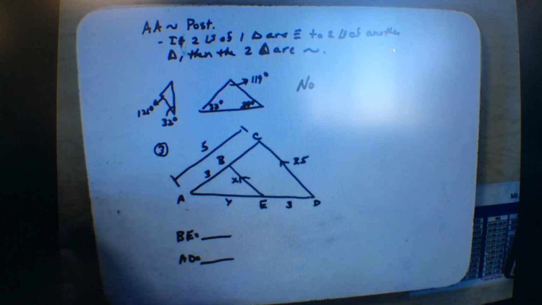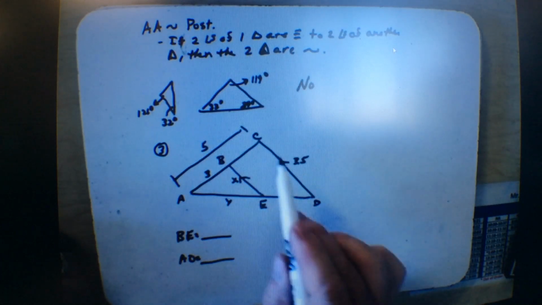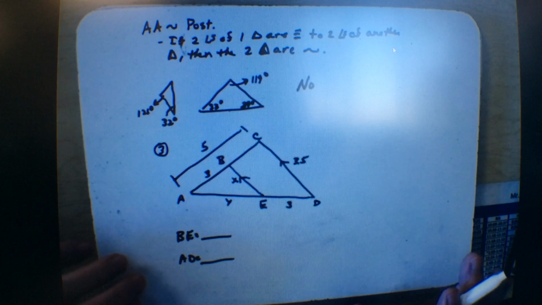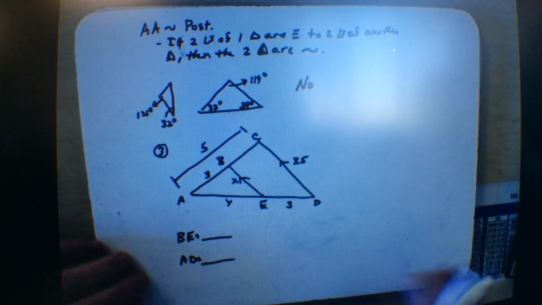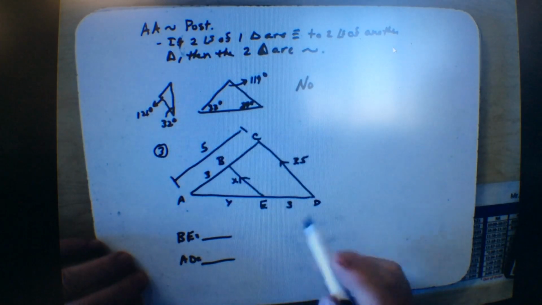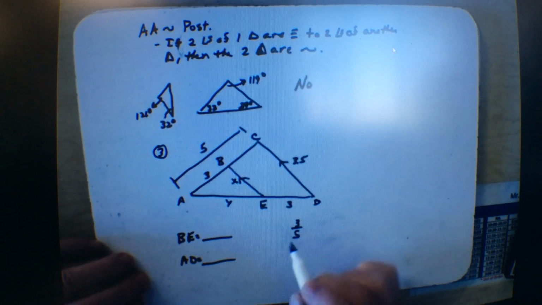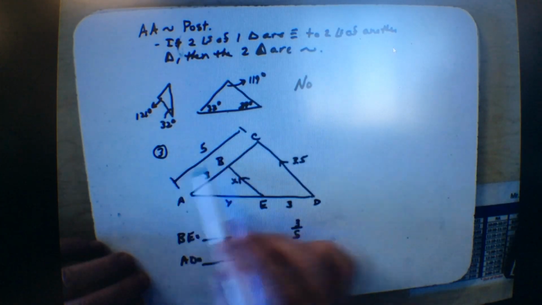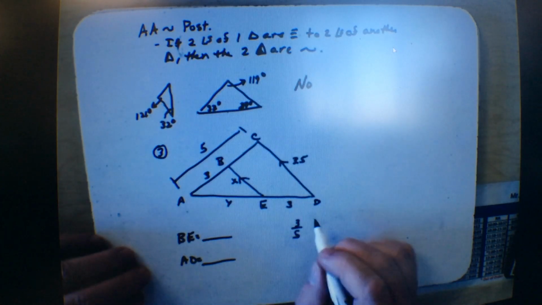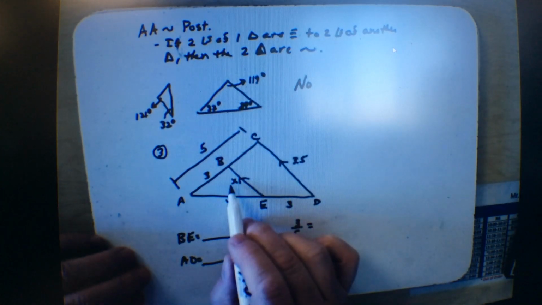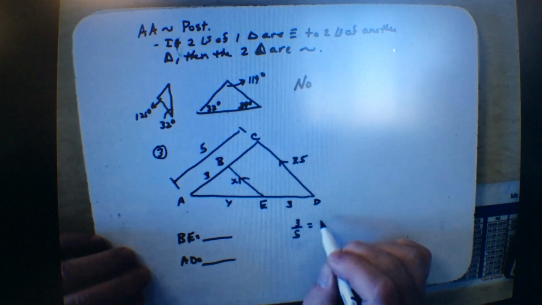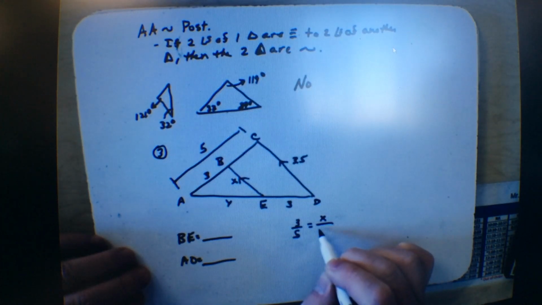Let's take a look at this. Basically, we have a little triangle here, and then the bigger triangle here. We can start by saying 3 is to 5, because those two sides are given: this 3 here and the whole thing. Now that they match up, we go back to the little triangle, so we're going to do x over 3.5.